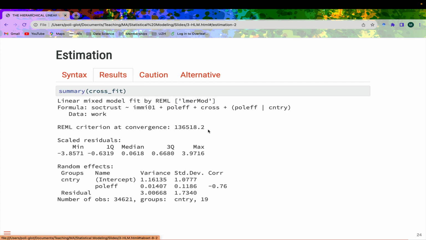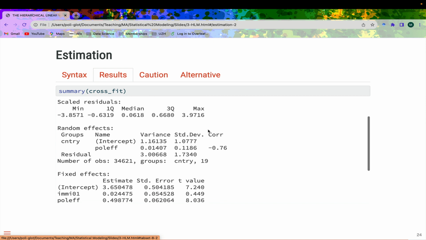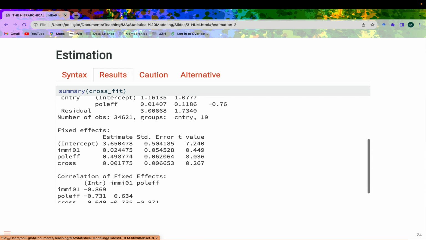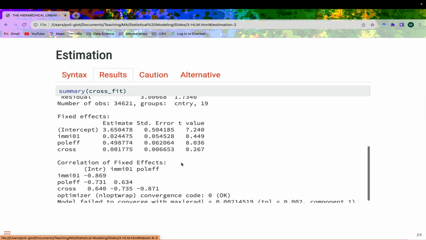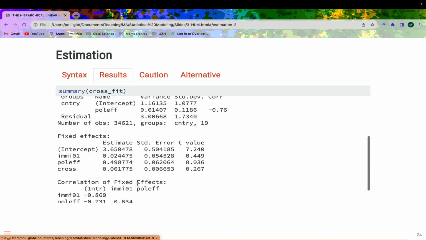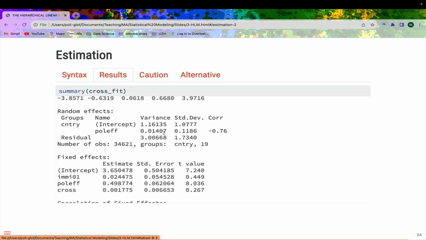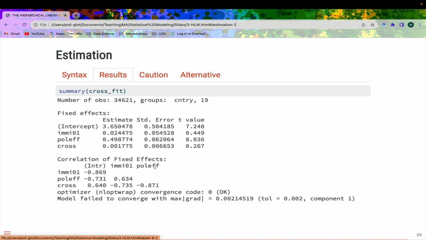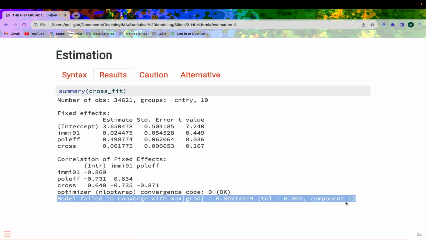So here is what we get. And it all seems to look very fine, no? We get some estimates for the intercept, for the effect of immigration, for political efficacy, for the cross-level interaction. We get random effects here. They seem reasonable, but let's go to the bottom here.